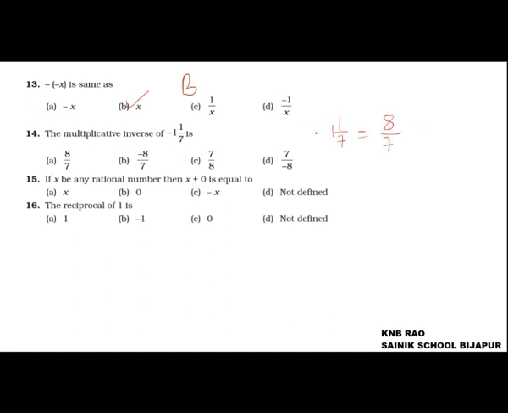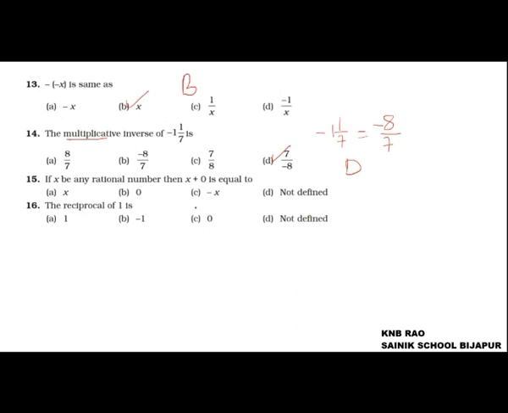So the negative of it is minus 8 by 7. Its multiplicative inverse is also negative. So look for such a number. The inverse of it is 7 by minus 8 or minus 7 by 8. D is the right answer.